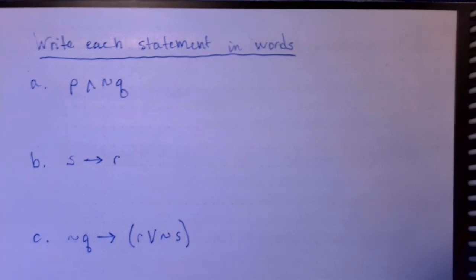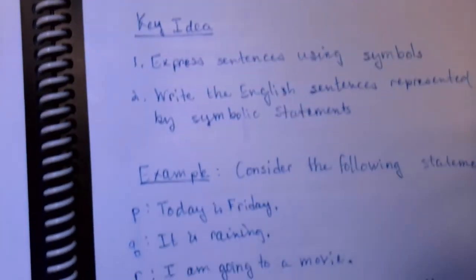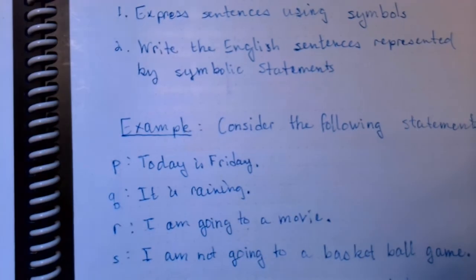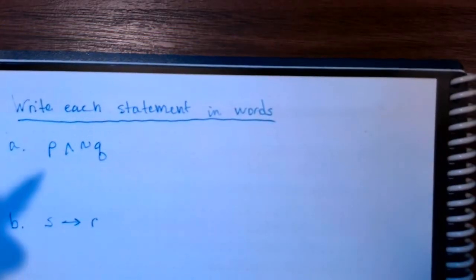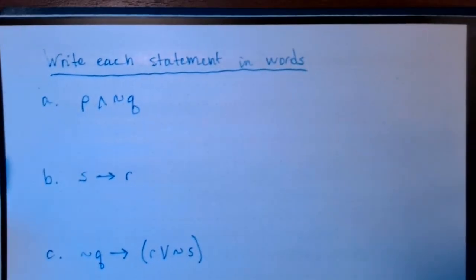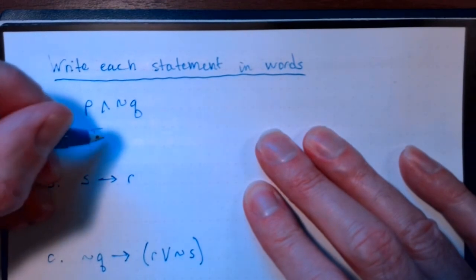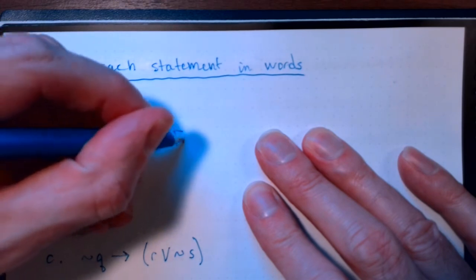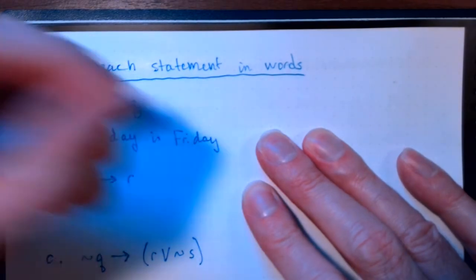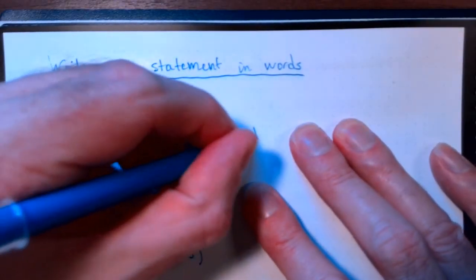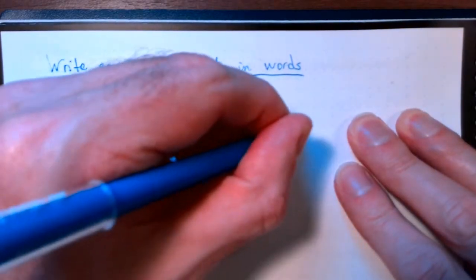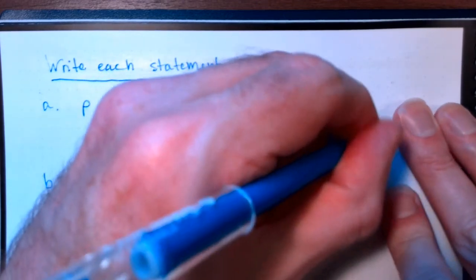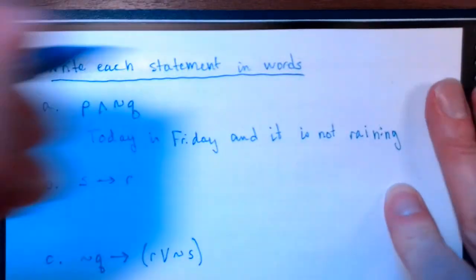So this is P and not Q. Today is Friday, and it is not raining. Okay, easy.